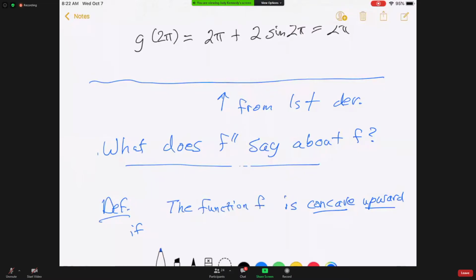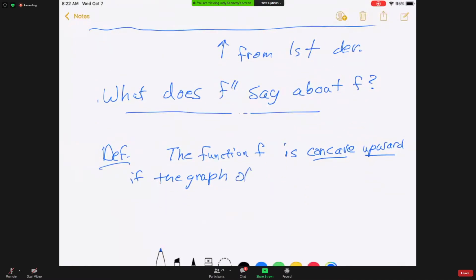F is concave upward if the graph of f lies above all its tangents on an interval I. Okay, that should go.